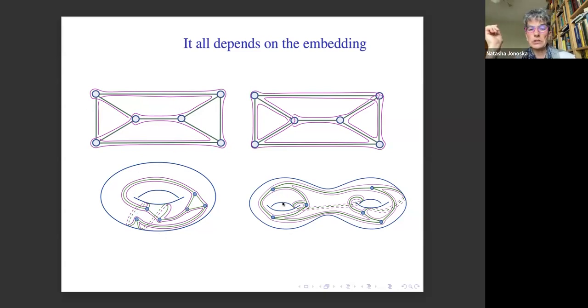If I introduce another handle and a double torus, then I end up with the nice structure that I said, that the whole graph is traversed with a single boundary component, but the graph itself is really embedded on a torus. I'm talking about cellular embedding. Sorry, I should have mentioned that. Cellular embedding on orientable surfaces.